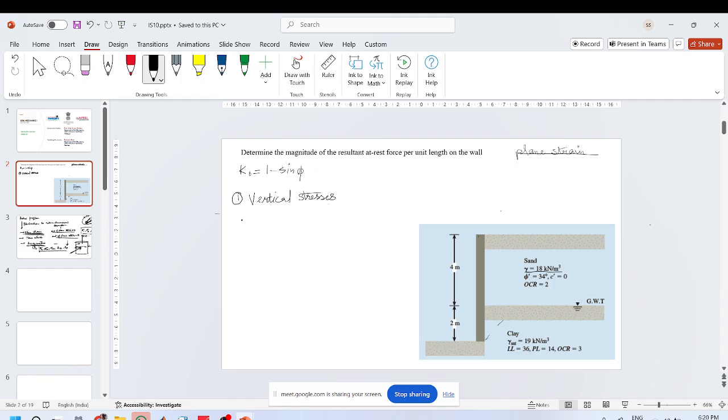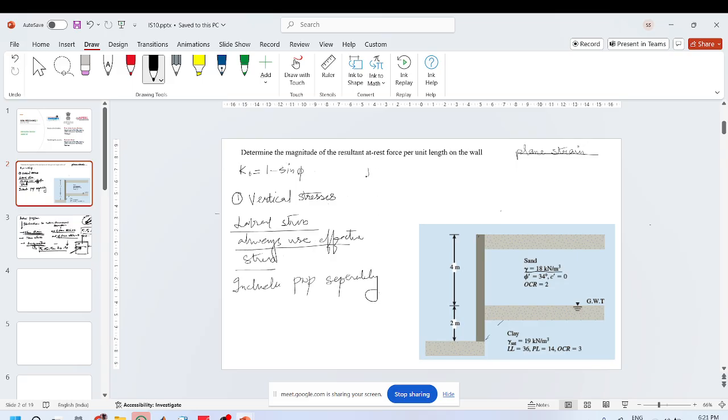Remember that in lateral forces, always use effective stress, include water pore water pressure separately.